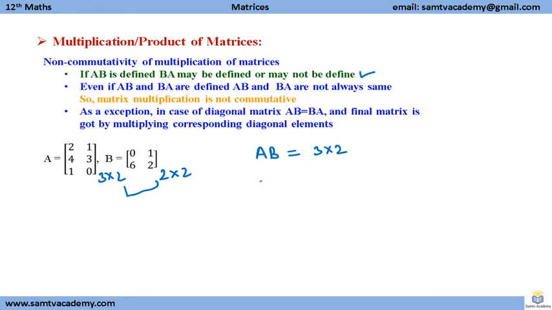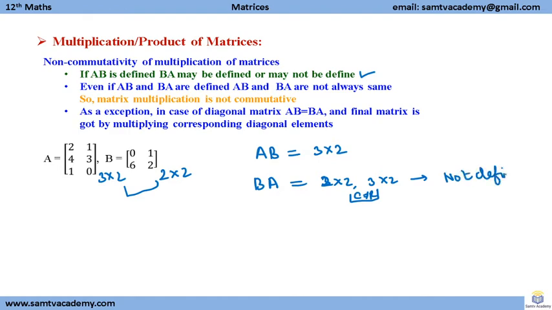But if we want BA, what will it be? The order of B is 2 by 2 and A is 3 by 2. Here columns are not equal to rows, so it is not defined.